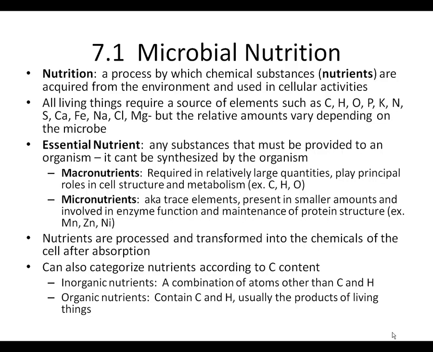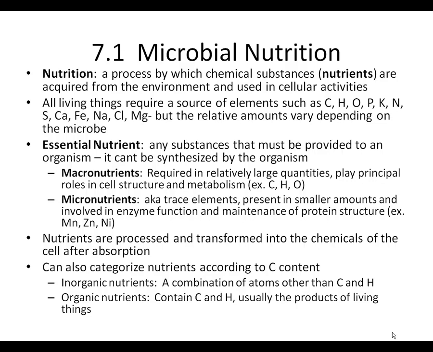We can categorize our nutrients based on carbon content. We can either say they are inorganic nutrients, meaning that they have a combination of atoms other than carbon and hydrogen, or they can be organic nutrients, meaning that they contain carbon and hydrogen, and usually are going to be the products of living things. If you think about our source of protein, it tends to be legumes or meat.